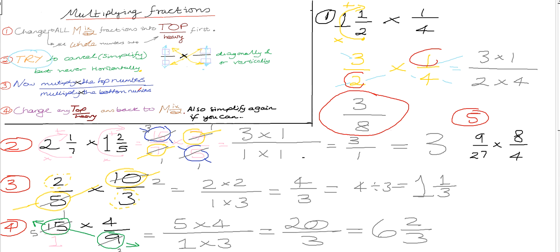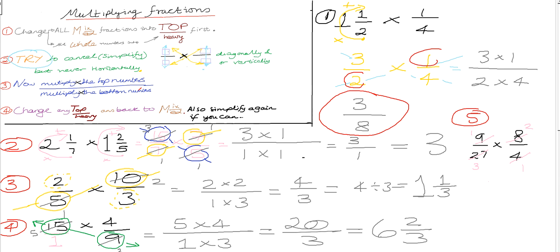We can cancel vertically. 9 divided by 9 is 1, 27 divided by 9 is 3. Now 8 and 4 both divide by 4. 8 divided by 4 is 2, and 4 divided by 4 is 1. So the cancelling was done completely vertically.